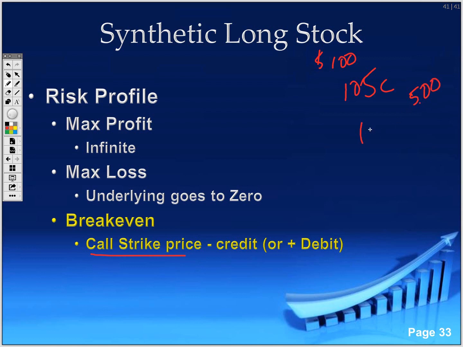So now our break even is 100. If it's a debit, let's just say I paid a debit, then we add it in. In that case, I'd be looking at the 95 calls, and I paid a debit of $5. That would make it equivalent to the underlying. I'll show you some examples of that. But basically, call strike price minus the credit or plus the debit.